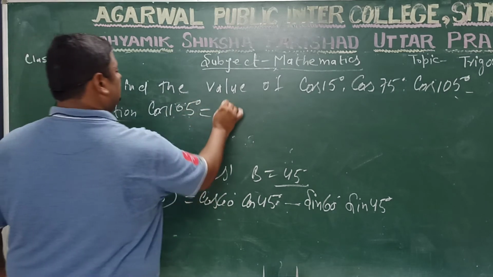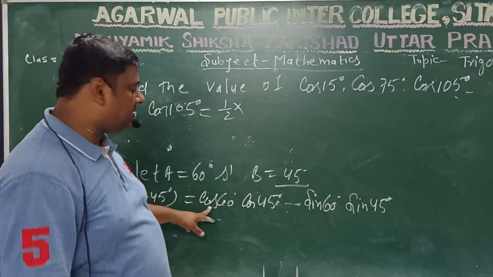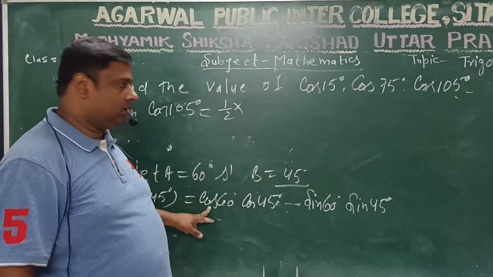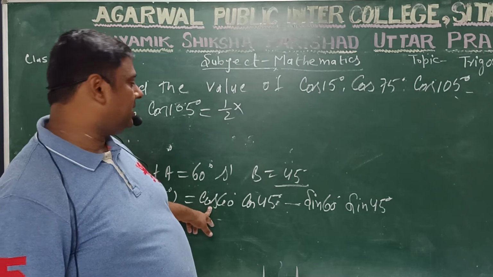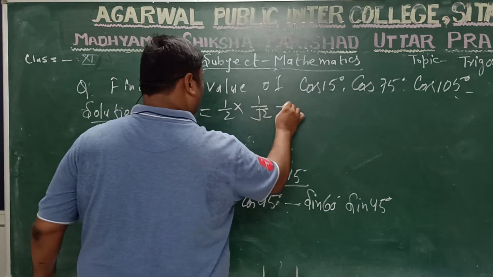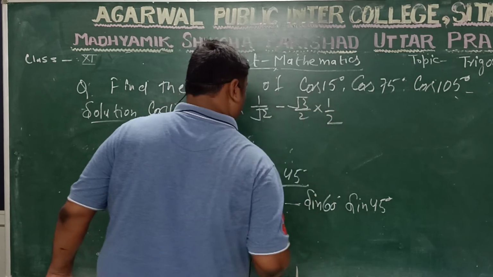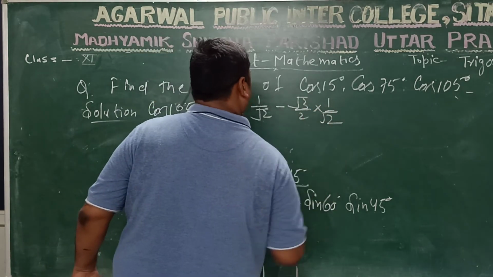Cos 60 is 1 by 2. The value of cos 60 is just like sin 30. Okay, I think you remember it from class 10th. Cos 45 is 1 by root 2. Sin 60 is root 3 by 2. Sin 45 is 1 by root 2.